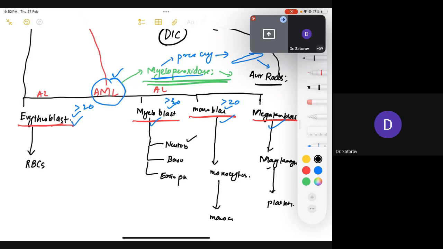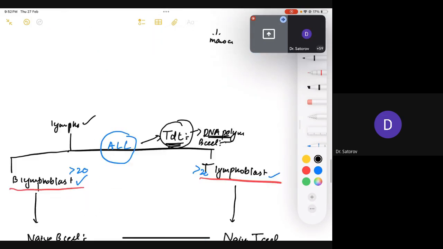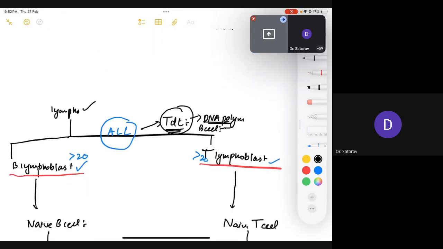So myeloperoxidase is a highly specific marker for AML, to look at whether this blast is coming from the myeloid or lymphoid lineage. If the question stem mentions myeloperoxidase, just think they are talking about leukemia of the myeloid lineage, or AML. If they mention TdT, just think we have leukemia of the lymphoid lineage.